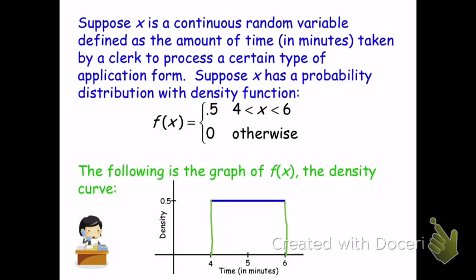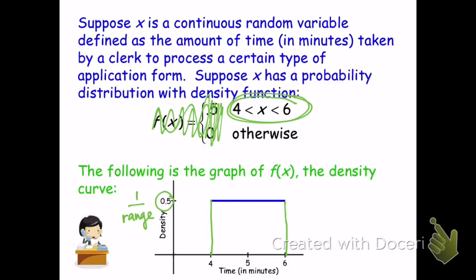Another way that they could have asked you this, sometimes they only give you the range and they don't give you the height. So maybe they didn't give me any of this information right here. They just said that the smallest is 4, the minimum is 4, the max is 6. Then you could actually calculate the height by doing 1 over the range, because you want the area under the curve to equal 1.